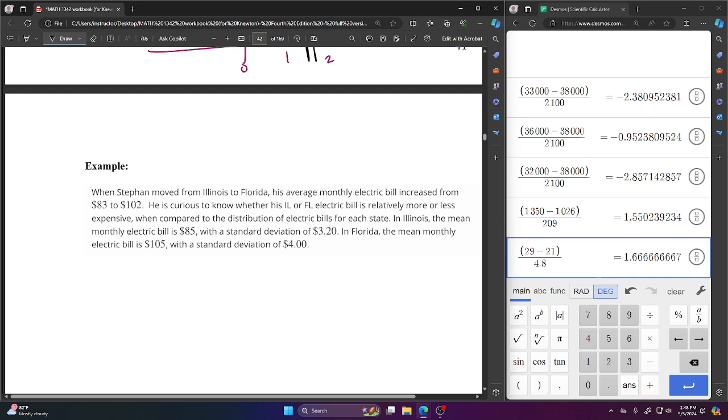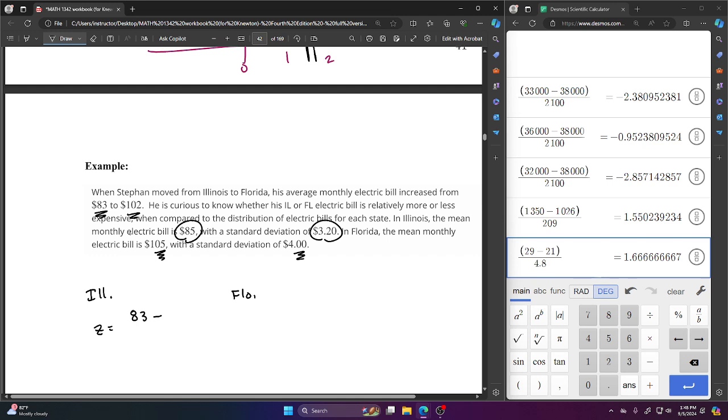In Illinois, the average is this much and the standard deviation this much, but in Florida, the average is higher, and the standard deviation a little higher regardless. So let's compare and contrast. I've got Illinois, and then I've got Florida. What's the value that I put here for Illinois? 83 is what he had, right? It's these numbers up here.